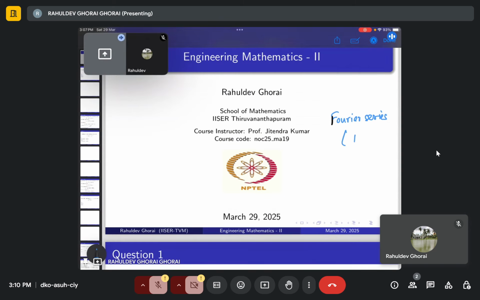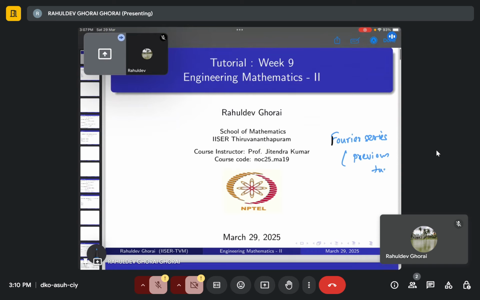Which, if you remember, was mainly for periodic functions. Here, when we talk about the Fourier integral, we can talk about functions which are not periodic also. So it is a kind of generalization to non-periodic functions, you can think of it that way.